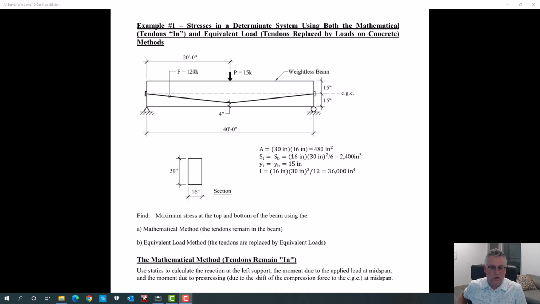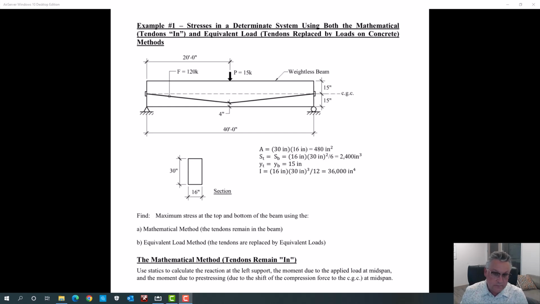Just pre-stressing alone will create some of those stresses. Compressive stresses, flexural stresses that give you compression on one side of the beam, tension on the other side of the beam, but that's just due to pre-stressing, and no reactions were created by doing that because there was no applied load.